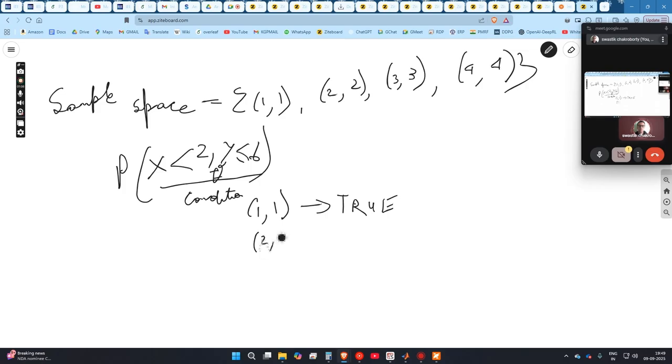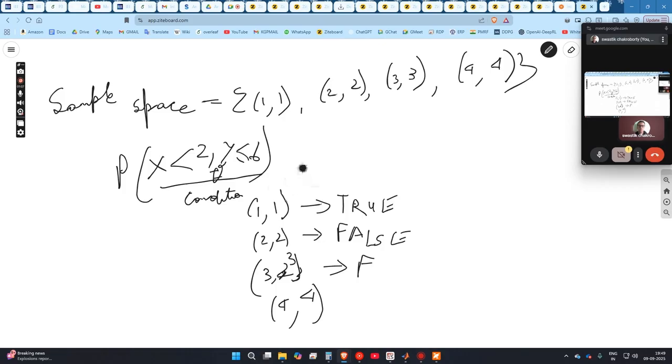For (2,2), it is false because 2 is not less than 2. And 3 is again not less than 2, so (3,3) is false. And so is 4.